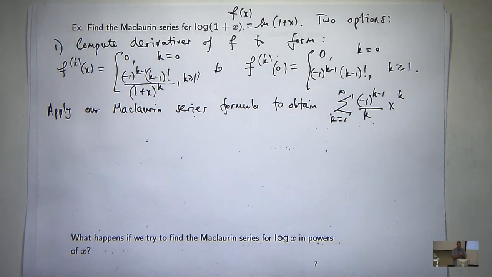Notice I've started the sum in the bottom right-hand corner at k equals 1. Anybody know why it's not k equals 0?